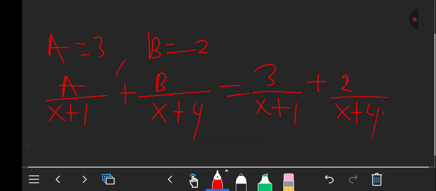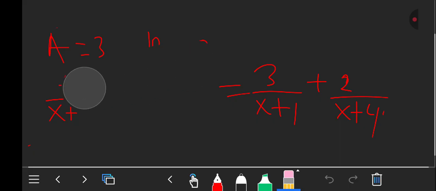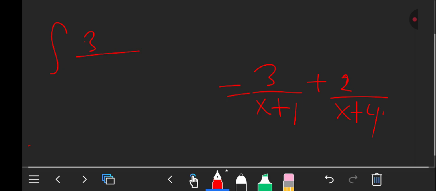At this point I can now find my integral. Since we're dealing with integration, integral of 3 over x plus 1 dx plus integral of 2 over x plus 4 dx.